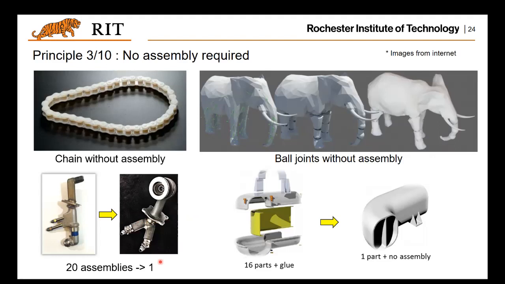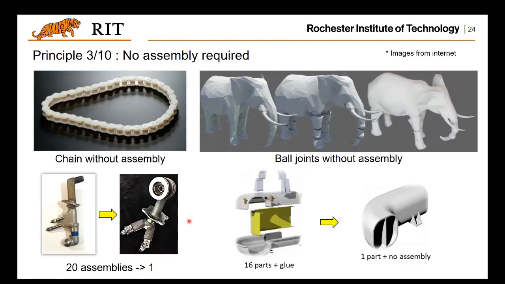Another idea is for conventional parts which are made of assemblies: using 3D printing, you could merge the parts and make it a whole part. So in this fuel nozzle example, the original design has 20 assemblies. Now it's a whole part. So you convert a part from 20 assemblies to only one single part.